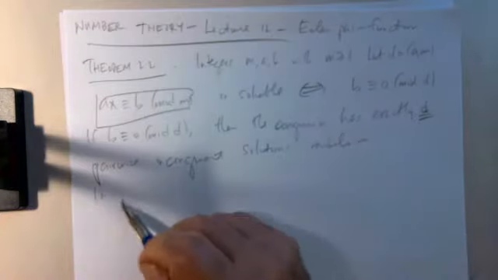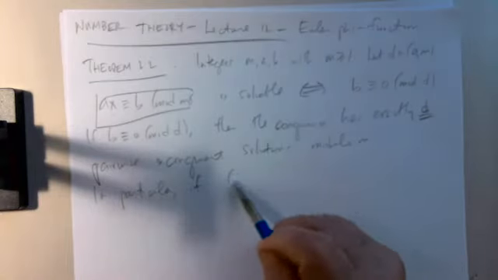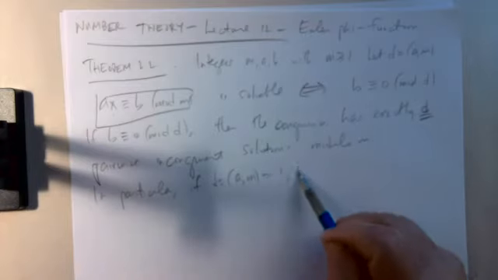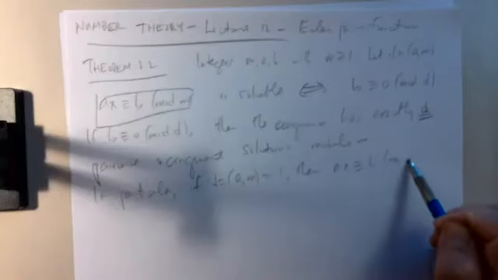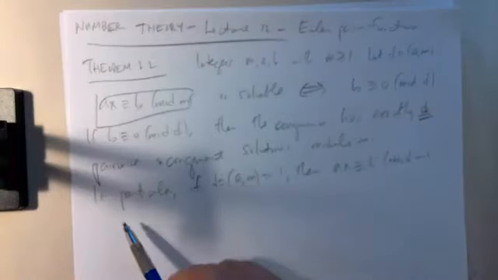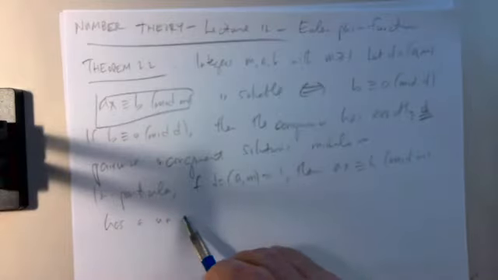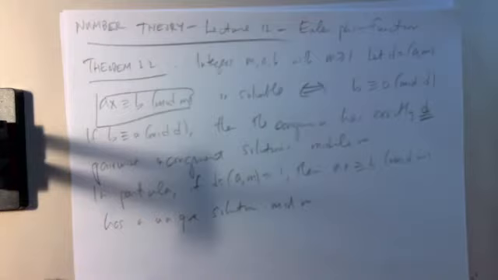So in particular, if the greatest common divisor of a and m is 1, that is, if d is equal to 1, then ax congruent to b mod m has only one solution mod m, a unique solution mod m.